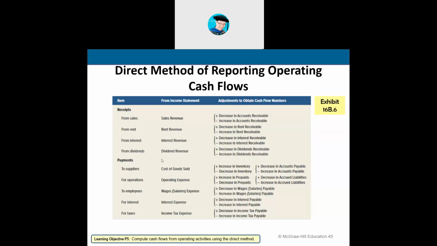And then we have payments for various reasons: to suppliers for cost of goods sold and operating expenses, to employees for wages, interest, taxes, etc. Cash coming in minus cash going out equals net operating cash flows for day-to-day operations of the business.